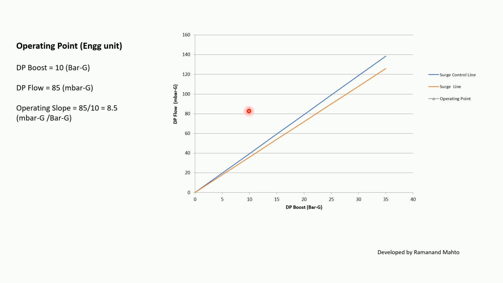You can see 85 here and 10 here. So this is the operating point, and it is safe. And if you take the operating slope, it will be like this, which is more than this value, because it is 8.5.